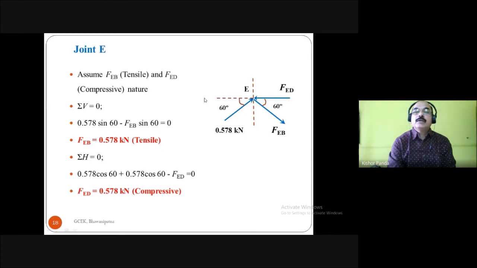The arrow mark of FED is towards the left, and these two arrow marks are towards the right. So 0.578 cos 60 plus 0.578 cos 60 minus FED is equal to 0. Then after simplification, FED is equal to 0.578 kilonewton. This is compressive in nature, as we got the positive value, so the assumed direction is okay.